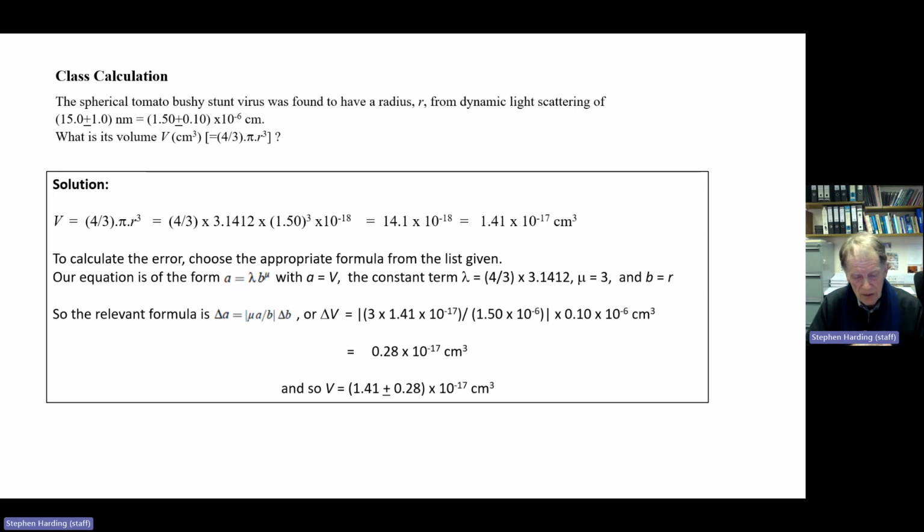We've given you a set of formulae depending on the particular case that you're dealing with. You don't have to remember those formulae, just be aware that they exist and know where to look when you're making a calculation which involves the combination of error.